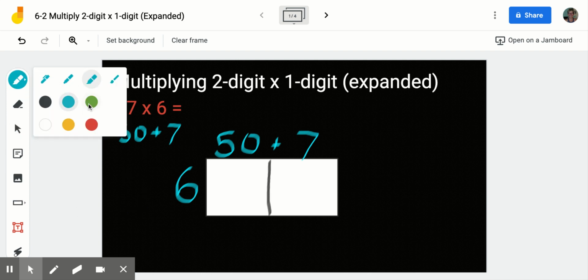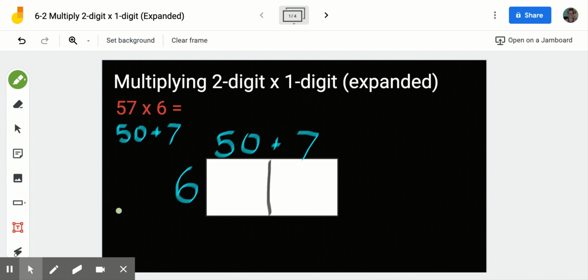Now I'm going to solve using multiplication. So here I'm going to do 6 times 5, just like I did when I was estimating. 6 times 5, I get 30. And I'm going to check for zeros. Oh, I have 1 zero, so I'm going to put it here.